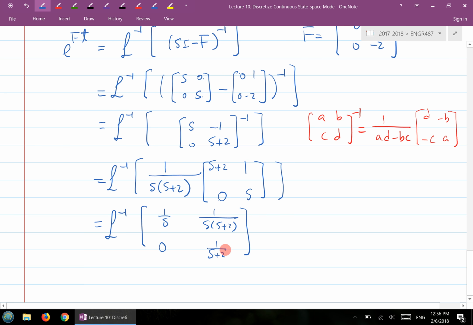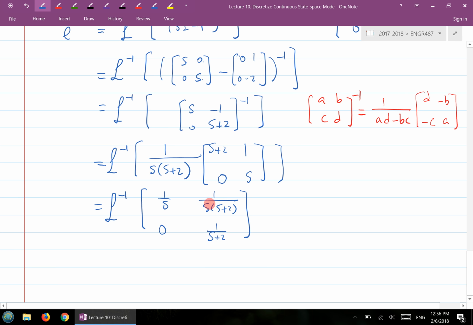And now it's time to take the inverse Laplace for individual terms of this 2 by 2 matrix. The only one that is probably not so obvious is this one, because the first one, 1 over s, inverse Laplace, if you look at the table, is basically the unit step function, right? And this 1 over s plus 2 will give us an exponential function.